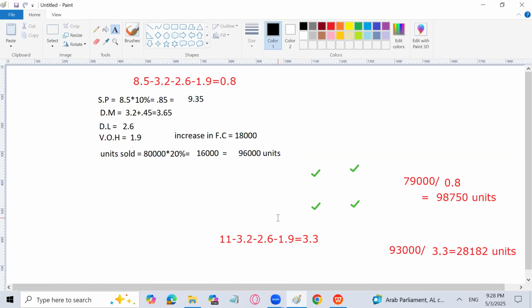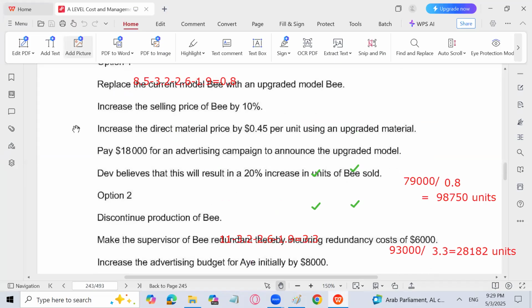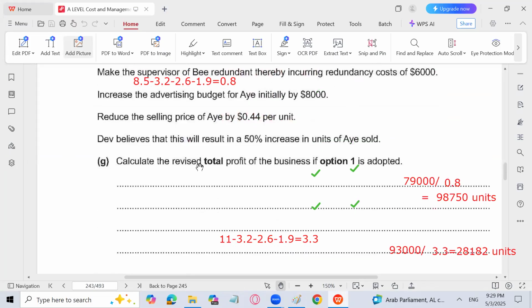So let's see what the examiner is asking us. Option 2, forget about option 2. Calculate the revised total profit of the business if option 1 is adopted. Most of the students have done this question wrong. Why, sir? Because it is written calculate the revised total profit.